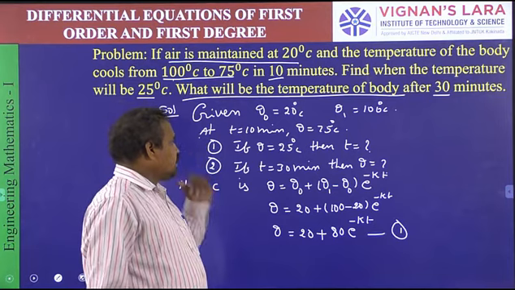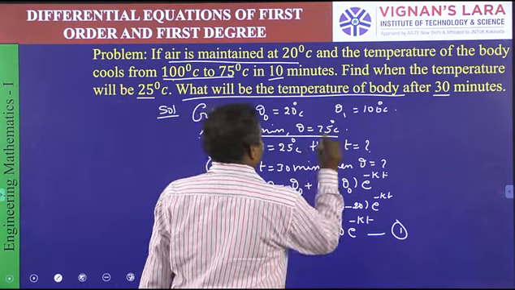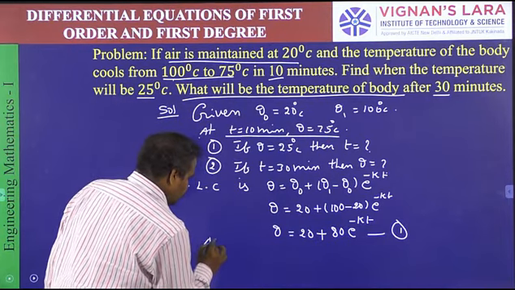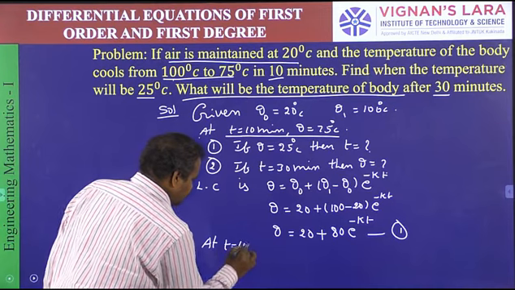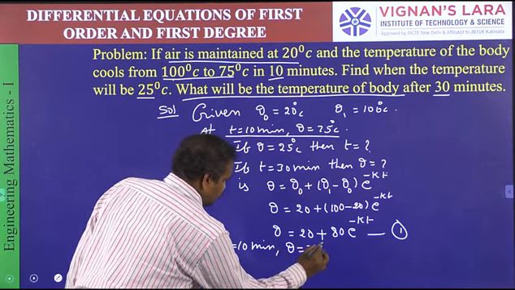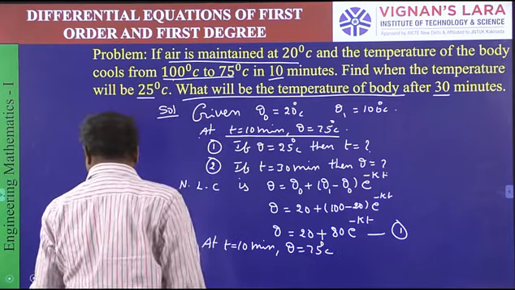Now, use the first condition. What is the given condition? At t is equal to 10 minutes, theta value 75. So, at t is equal to 10 minutes, theta is equal to 75 degrees centigrade. Substitute that one in equation 1.